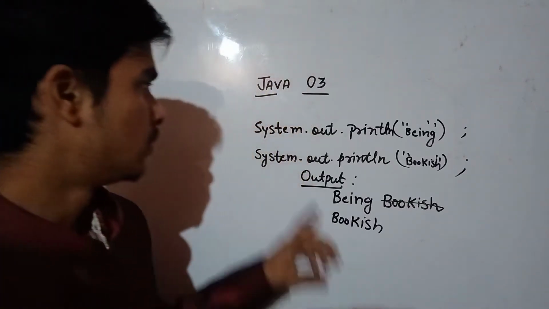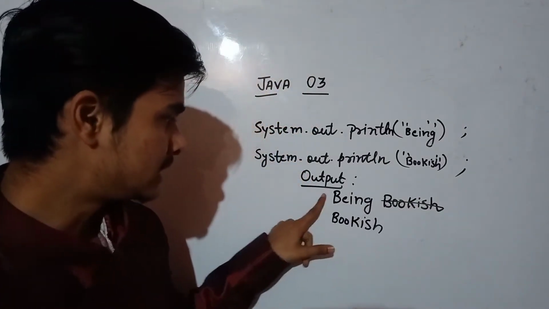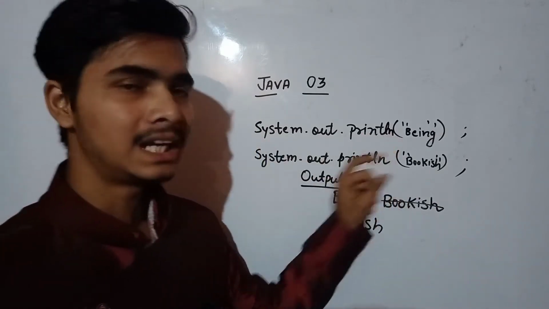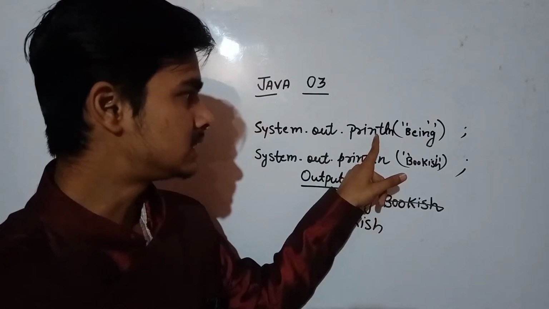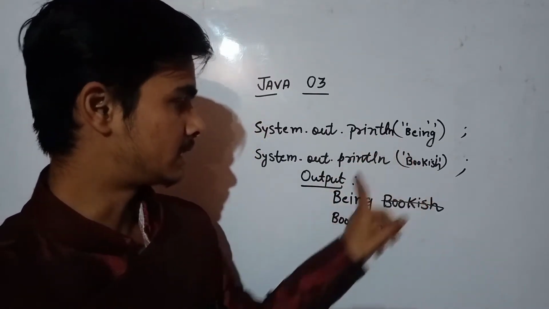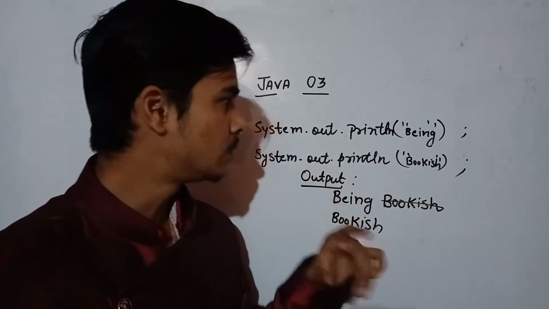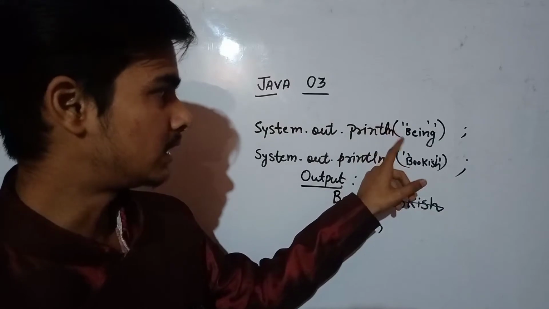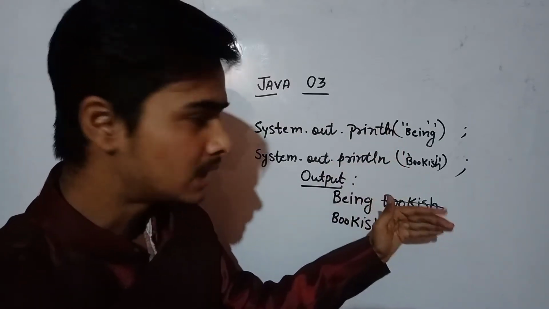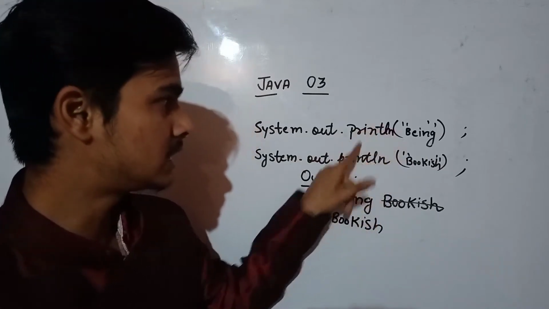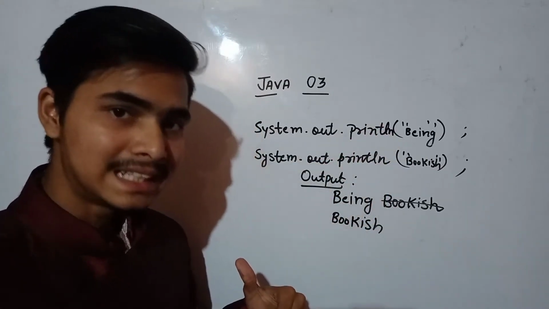So how did the output come out like this, being and after that Bookish? Because we used the println statement, and this statement told that being will be printed, and along with it, that whatever print statement comes after this would be printed on the next line.